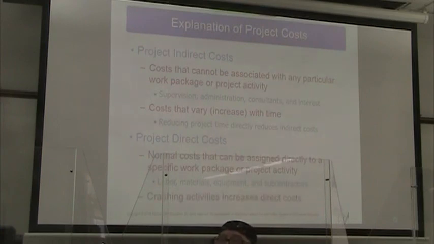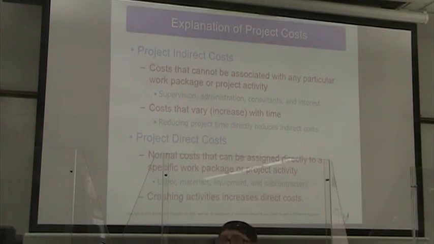And then, of course, we have our project direct costs, right? So again, labor, materials, equipment, subcontractors, these can be assigned specifically to work packages or activities, right? So we've got 10 people working on the marketing, and we need to get that done faster. Okay, well, will 15 people reduce that time? 20 people?